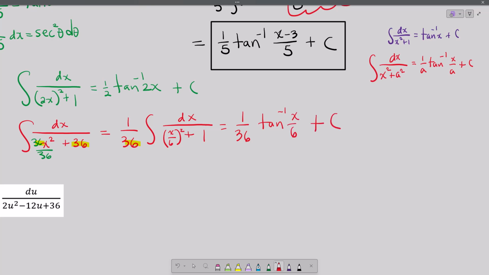plus C, but then we have to divide by reverse chain rule, divide by 1/6. So when we divide by 1/6, that turns into a multiplication by 6. So we're going to end up with that, which is exactly this. A is 6 in this case, so you'd end up with 1 over A and x over A. So in the long run, it's a lot easier to just remember the basic formulas and how to do reverse chain rule.